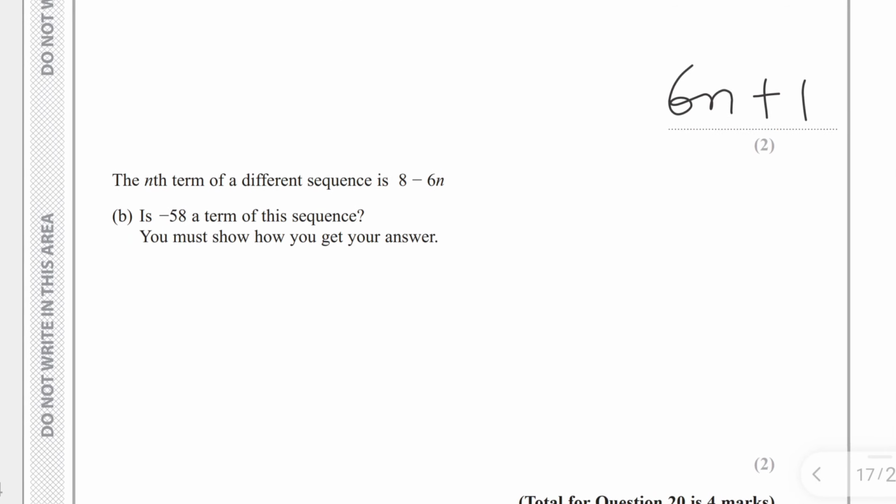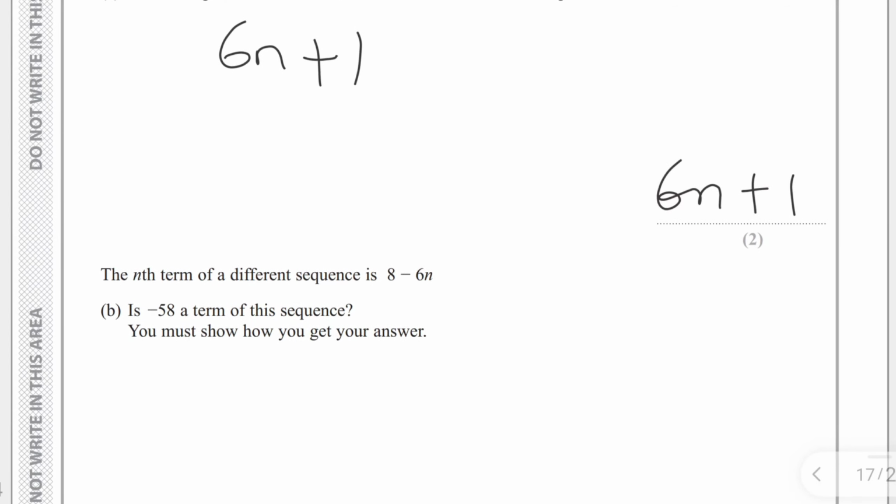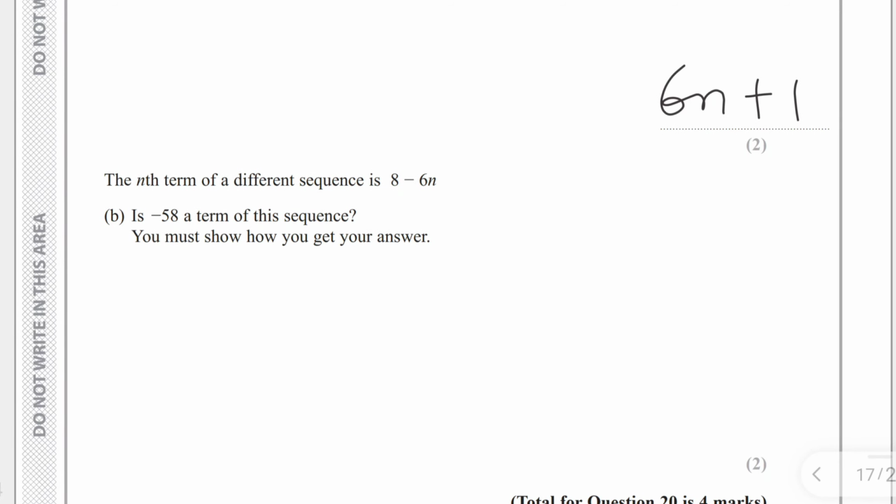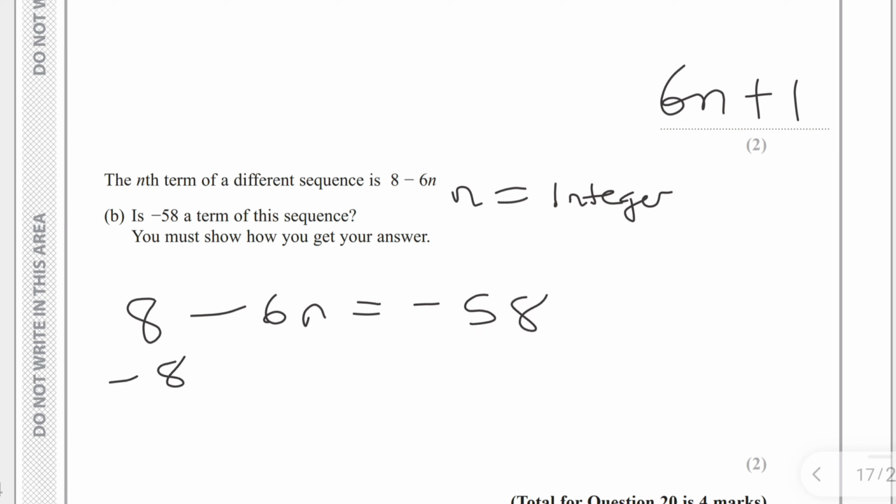The nth term of this different sequence is 8 minus 6n. Is minus 58 a term of this sequence? Now, if minus 58 is a term of this sequence, then n is going to be an integer. So let's solve it. 8 minus 6n equals minus 58.